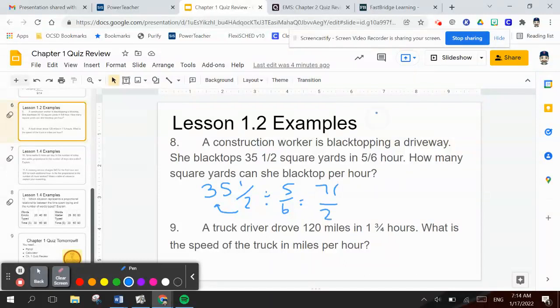I change the sign because I'm going to use my keep, change, flip again. Change the sign from divide to multiply and flip my second fraction, which would be 6 over 5. When I do that, 2 is a common factor of 6, so 2 divided by 2 is 1. 6 divided by 2 is 3. If I multiply across, 71 times 3 is 213.